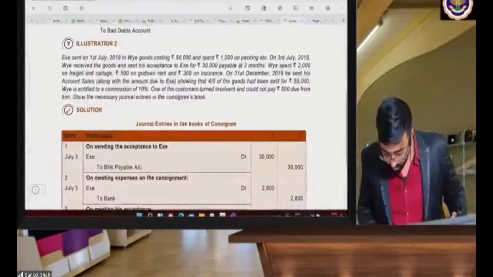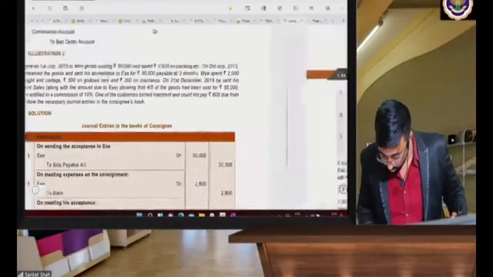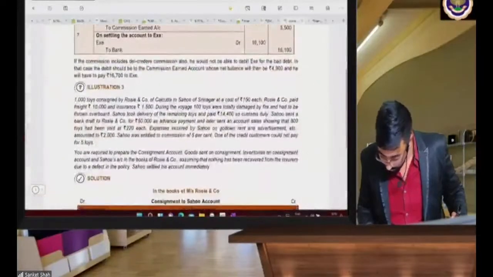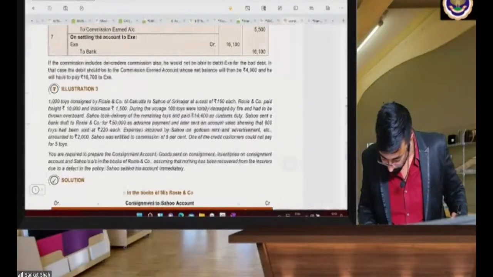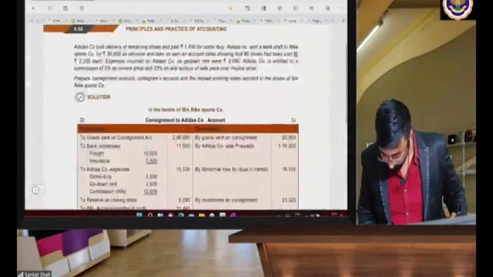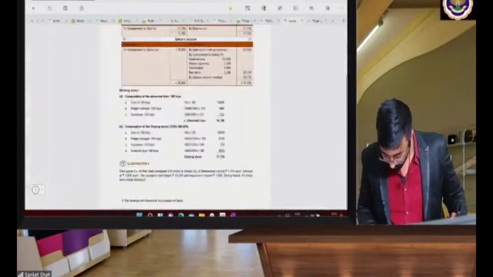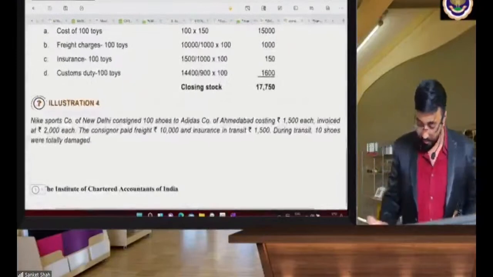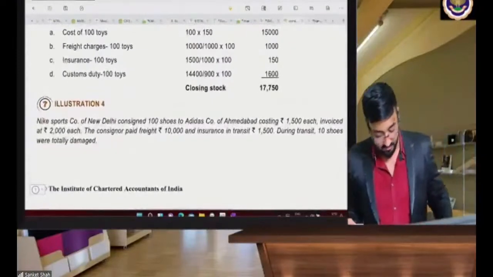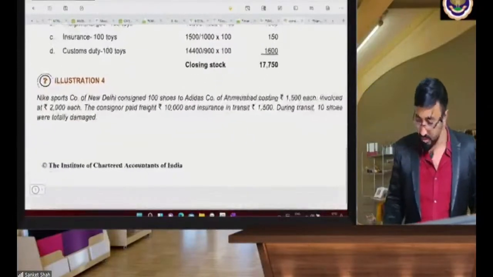Illustration number 2. I just want to show you one question on invoice price problem. I got this question, Nike Sports. Chalo, illustration number 4.